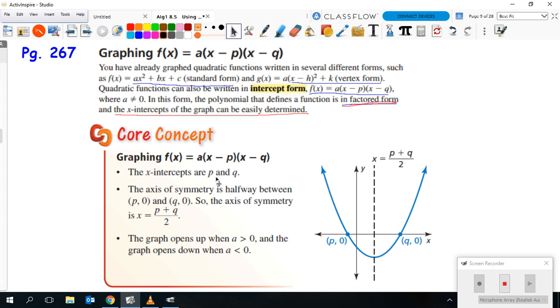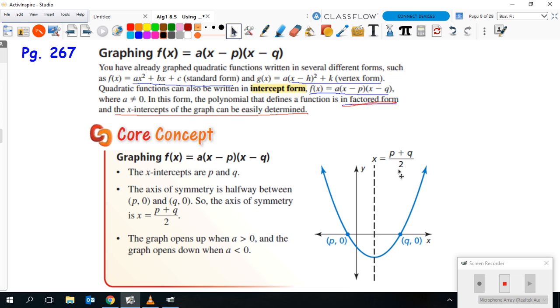So again, we always want to find the vertex first, and that's what's going to be shown here. Vertex, axis of symmetry. You can do that now this way with x equals p plus q divided by 2. That will give you the x-coordinate of your vertex, kind of like when we did standard form. We did negative b over 2a when we were doing standard form and found the x-coordinate. Then you had to plug it back in to find the y-coordinate. We're still going to need to do that here. Once we find the x-coordinate, we'll plug it back in to find the y-coordinate of the vertex.